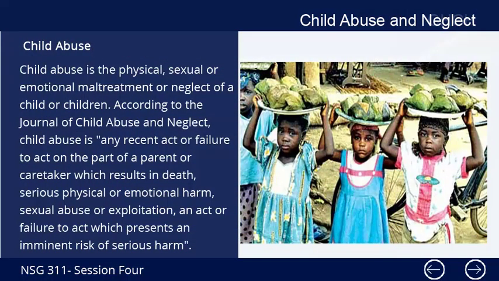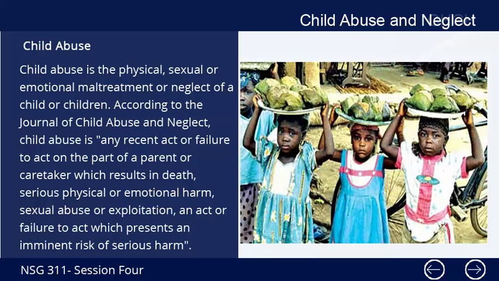Child abuse. Child abuse is the physical, sexual, or emotional maltreatment or neglect of a child or children. According to the Journal of Child Abuse and Neglect, child abuse is any recent act or failure to act on the part of a parent or caretaker which results in death, serious physical or emotional harm, sexual abuse or exploitation, an act or failure to act which presents an imminent risk of serious harm.